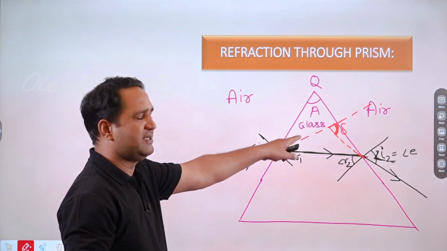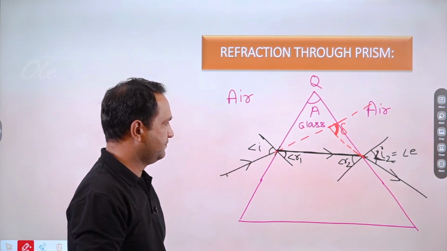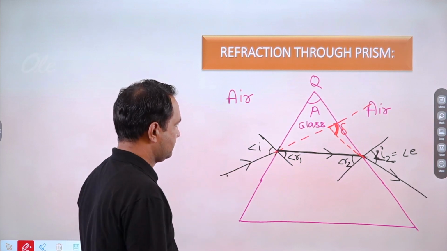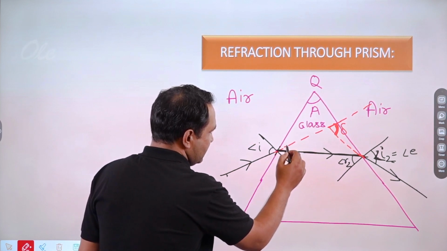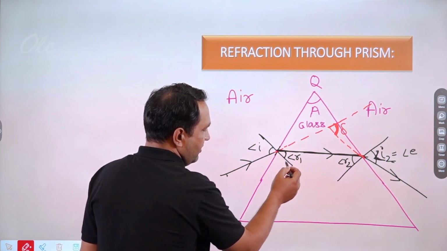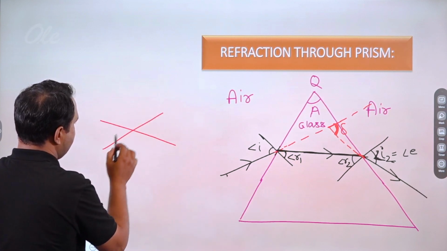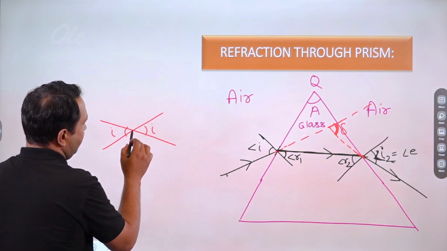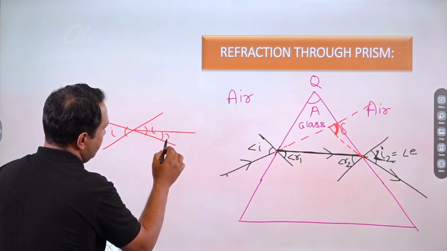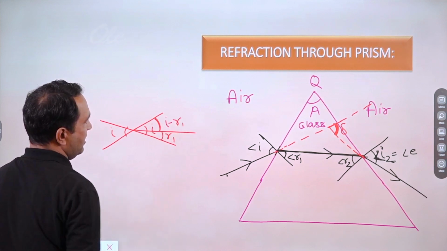So how much will this angle of deviation be? This is what we are going to study now. So let's suppose this angle is I, then this angle should be I, right? If this much is R1, then this one will be I minus R1. Are you getting?